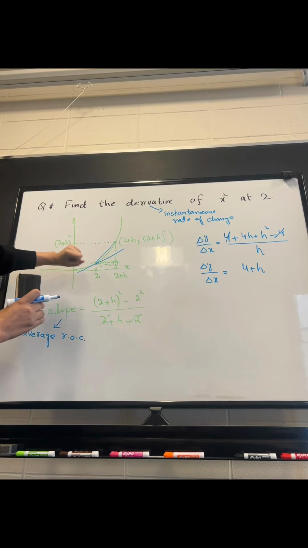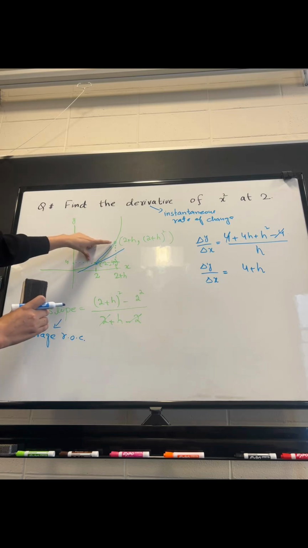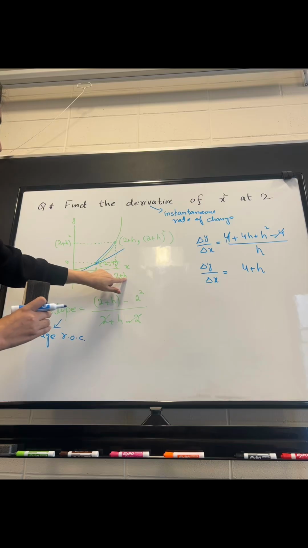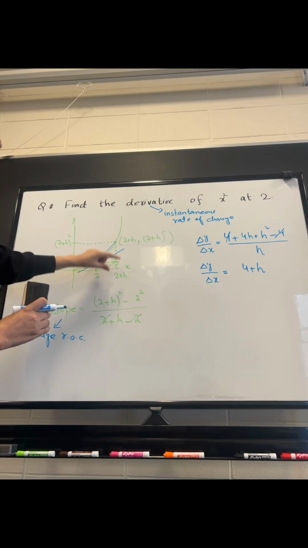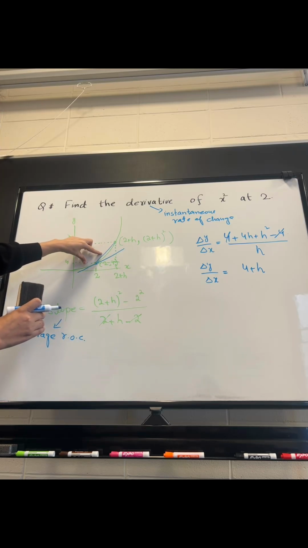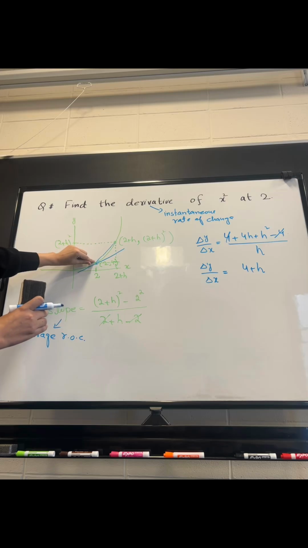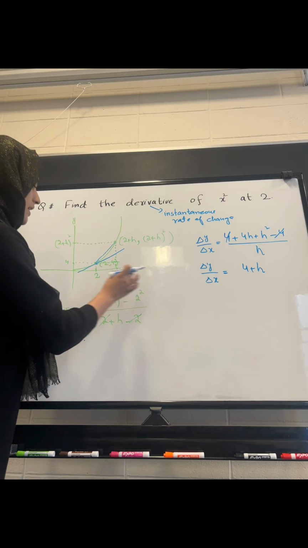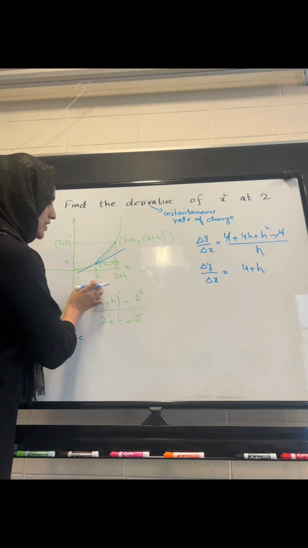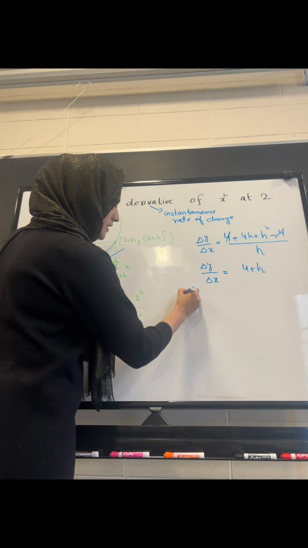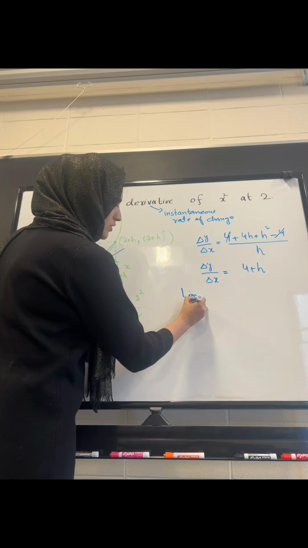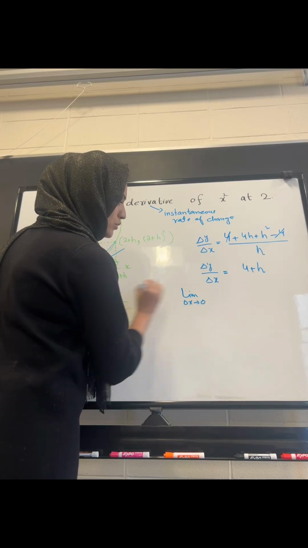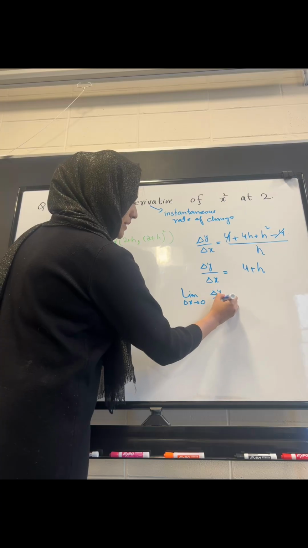For this we need to apply a limit on h, that h is approaching 0, which means that we are getting this point closer and closer to this point for better approximation. For this, we are actually reducing the change in x to 0. We will apply the limit of del y by del x as the change in x approaches 0.